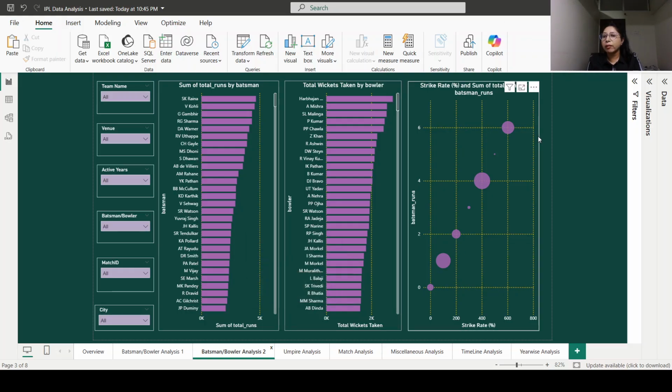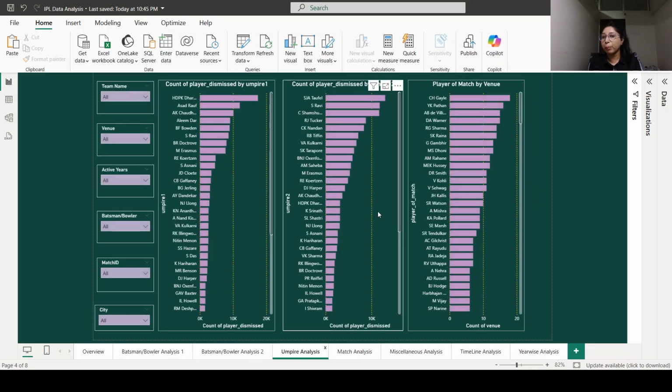I have also done a scatter plot analysis to understand whether the strike rate percentage has a linear relationship with the total runs taken by the batsman. We can see a beautiful linear relationship here, and depending on the size, we have the bubbles.